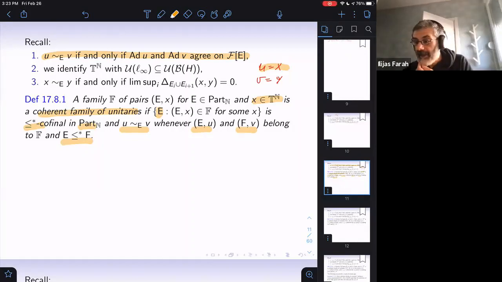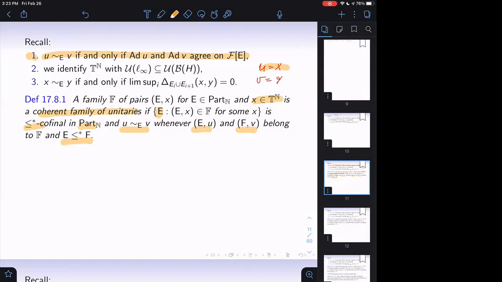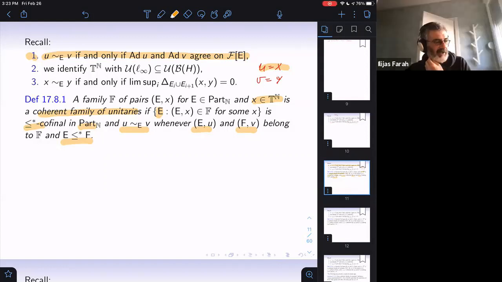So basically, this first part here is a reasonable definition. It makes perfect sense to talk about unitaries U and V, but we just don't need it. We only need unitaries which come from L infinity. Okay. Now, I should say one more thing before I go on.